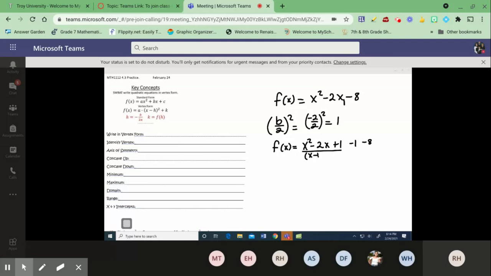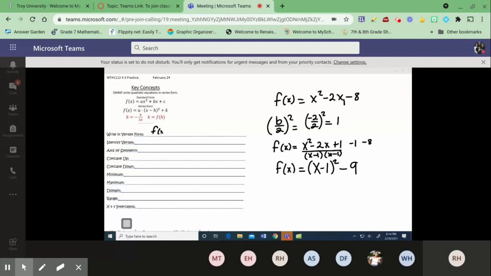Now the b is negative, so I'm going to say x minus 1, right? So now I've got x minus 1 squared minus 9. Okay, so that's my vertex form.